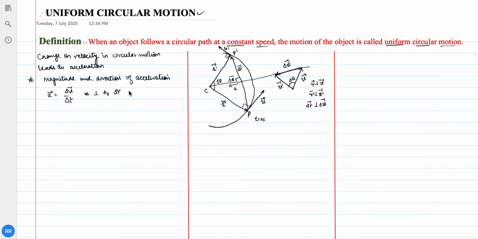This means that it is directed towards the center. अब आप ध्यान से देखिए, इसका जो डायरेक्शन है वो सेंटर की ओर होगा.